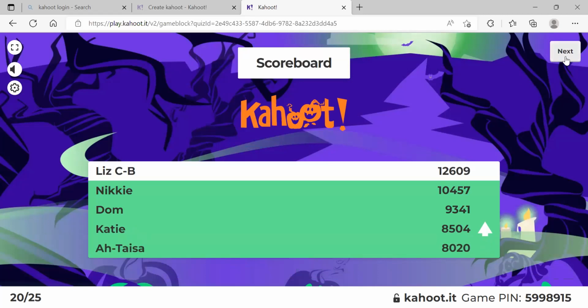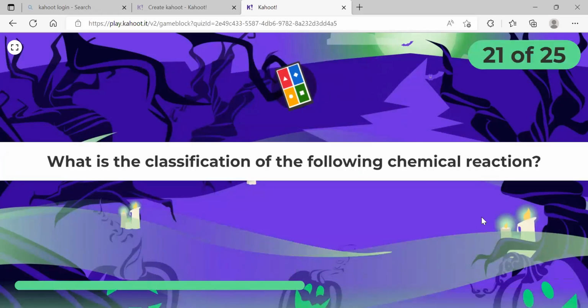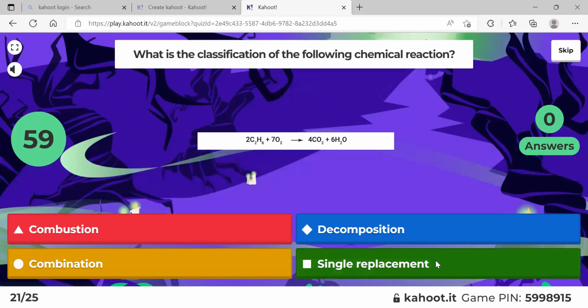Let's just finish up the last 5 questions in the review. In this chemical reaction, we have a compound that has carbons and hydrogens. We are mixing it with O2 and we're making CO2 and water.